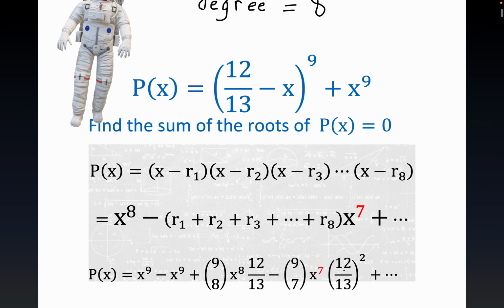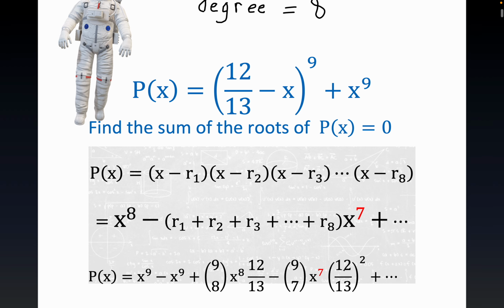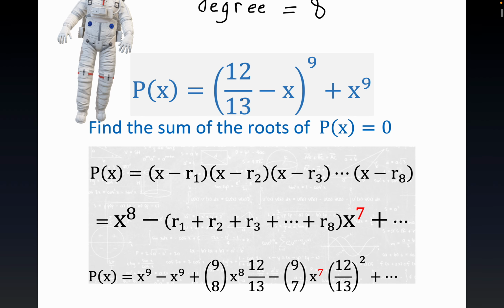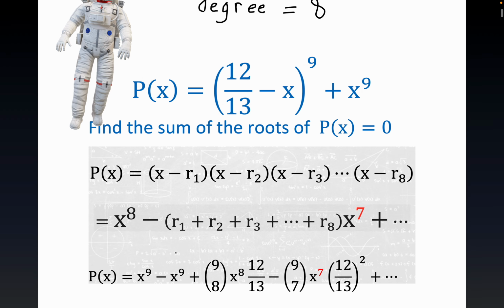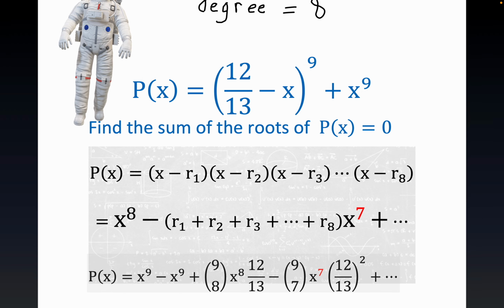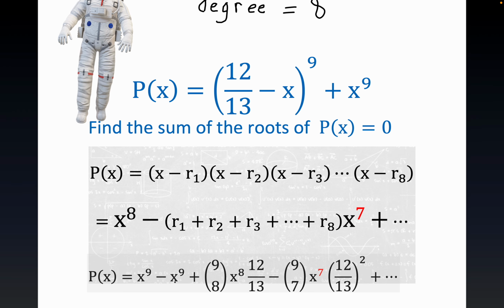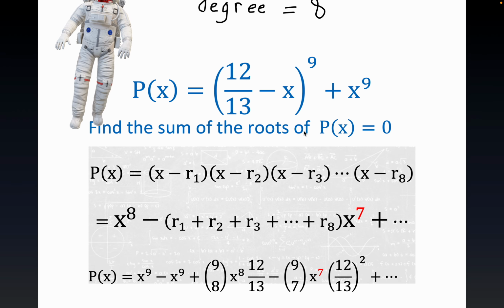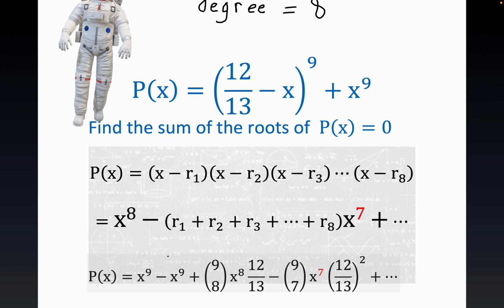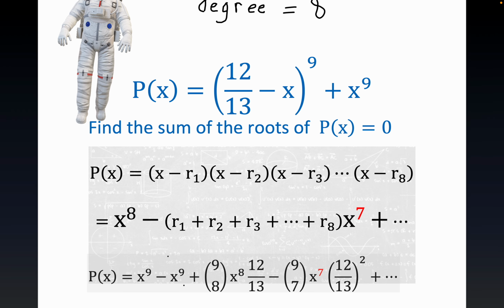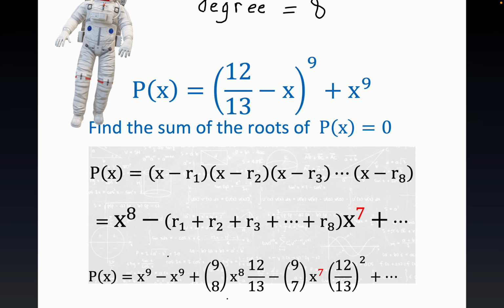The only thing we can really try here is the binomial expansion to expand this piece out right here. For the sake of completeness, I wrote down x to the 9th minus x to the 9th. So you'll see it does cancel, and that's what I said earlier, but here it is more descriptively. Now, this part right here is just a binomial expansion.